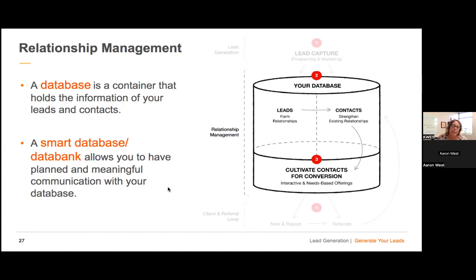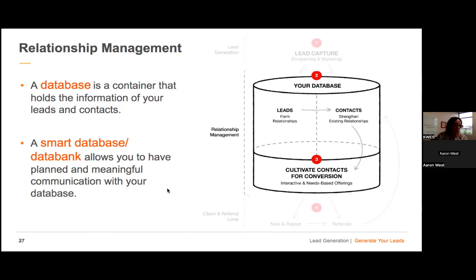It's not just a place that is standalone, just a database that doesn't do anything for you. Gary knows it's about creating relationships. And so Command has been created with that in mind to allow you to be in relationship with them. And through the smart plans, you can work on your lead generation, you can go out on appointments, you can be doing the real estate things while Command is working for you in the background to stay in touch with your database.